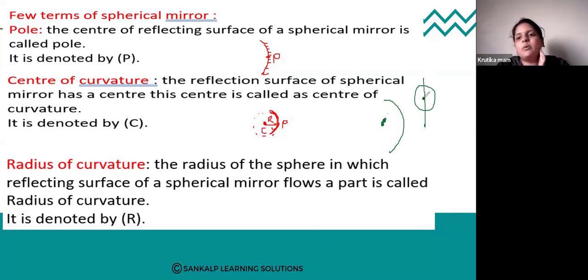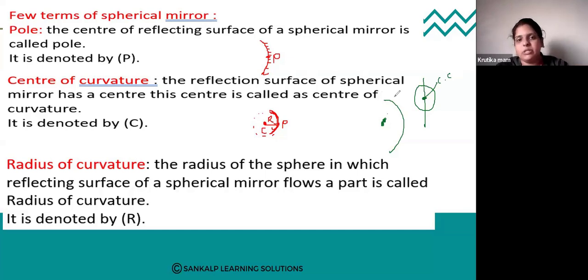This center is called the center of curvature. If you consider the spherical mirror as a sphere, the center of that sphere is called the center of curvature. The reflecting surface of the spherical mirror has a center, and this center is called what?